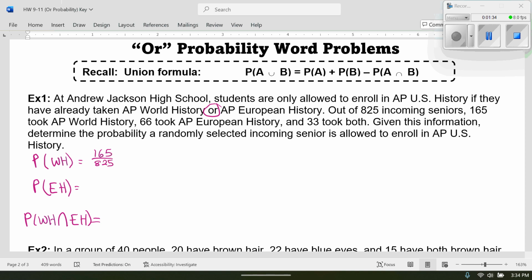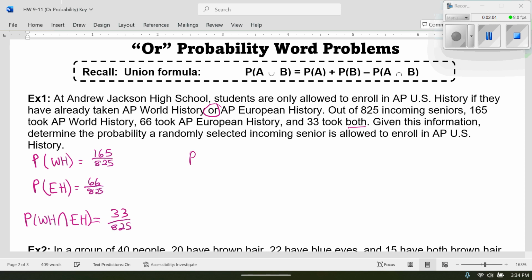The probability of European History is 66 out of 825. And when they're talking about the word both, that means World and European. So both, or AND probability, is 33 out of 825. They are giving you all the necessary things to find OR probability.